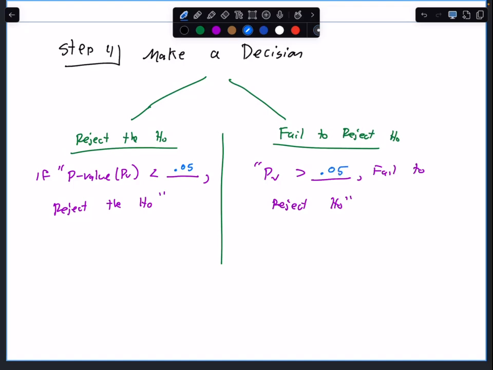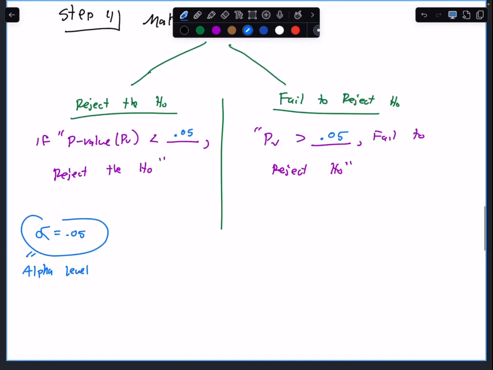I'm not going to get into why we would use other values. Okay, so this is called alpha equals 0.05. This is the alpha level, which is also written as 5%. This is our default.